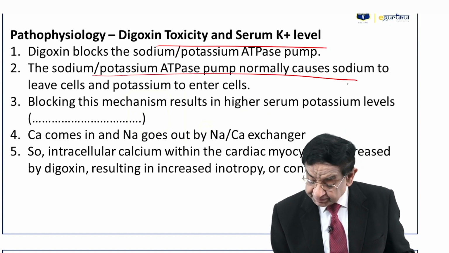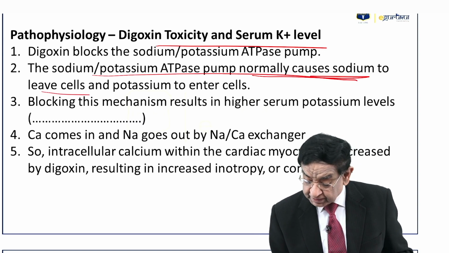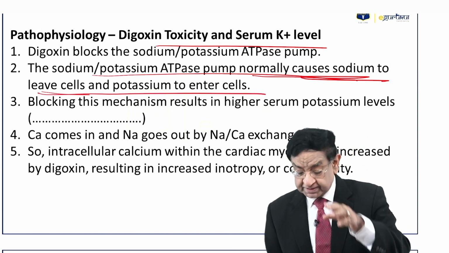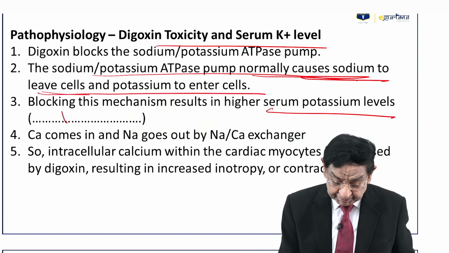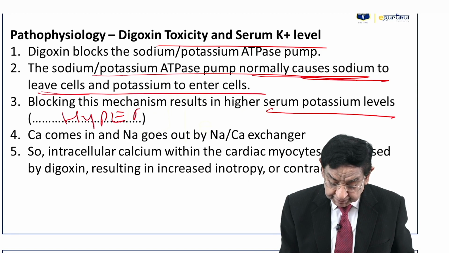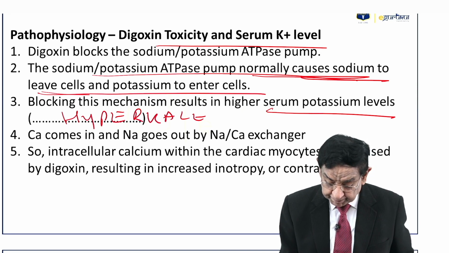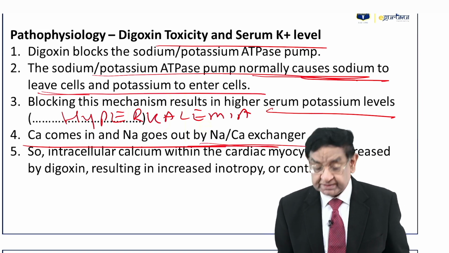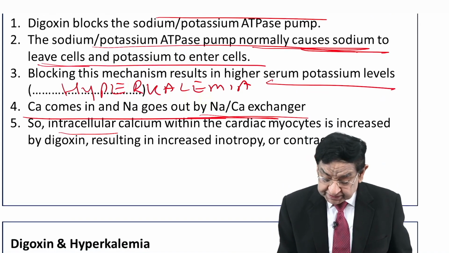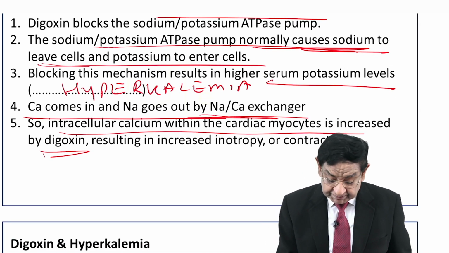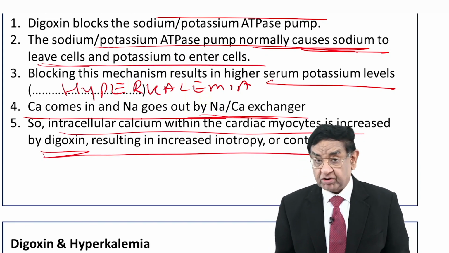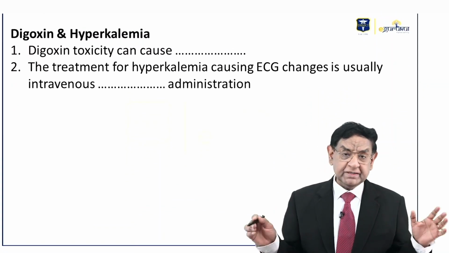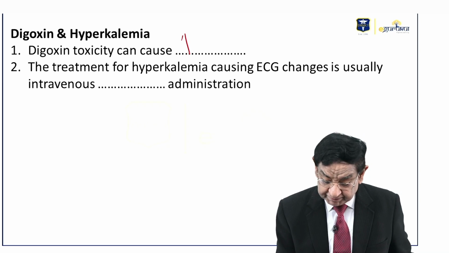Normally sodium leaves the cell and potassium enters, but by blocking this mechanism, serum potassium will increase and that leads to hyperkalemia. More and more calcium comes in, sodium goes out via the sodium calcium exchanger. So intracellular calcium within the cardiac myocyte is increased by digoxin, resulting in increased cardiac contractility. Well, so we learned the basic mechanism of why digoxin causes hyperkalemia.